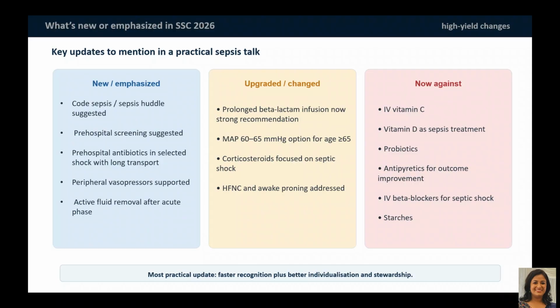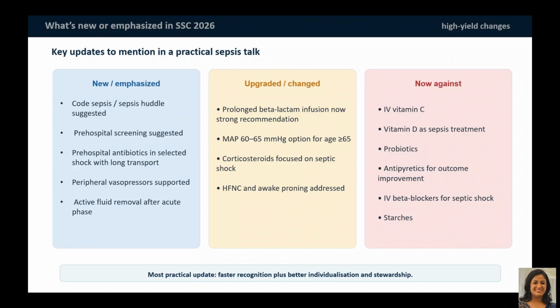So what are the key updates mentioned in these 2026 guidelines? One thing is the sepsis huddle, a sort of bedside discussion with the clinicians about how to manage this patient properly. They are encouraging those sorts of sepsis huddles.